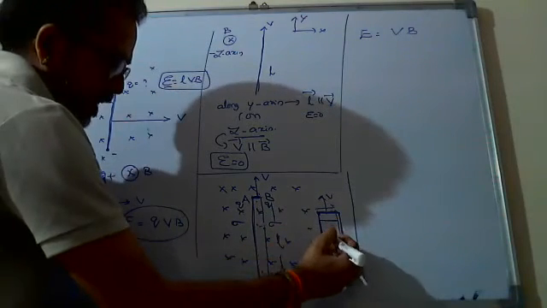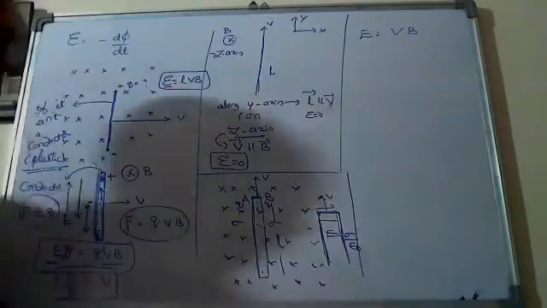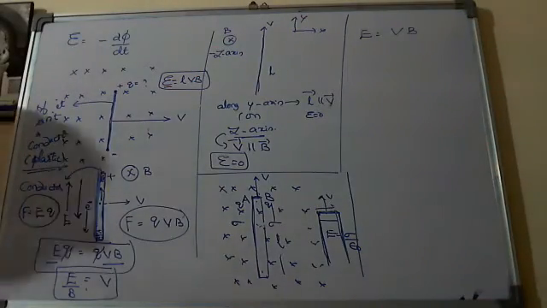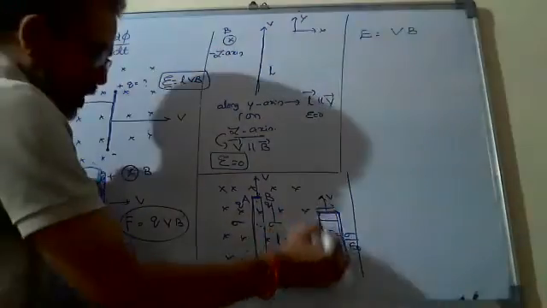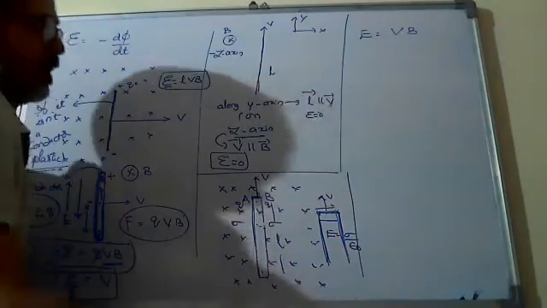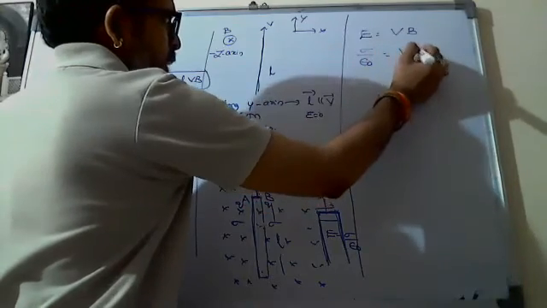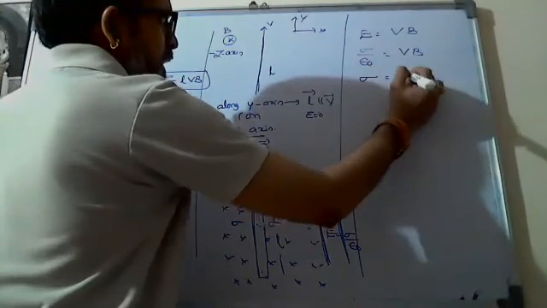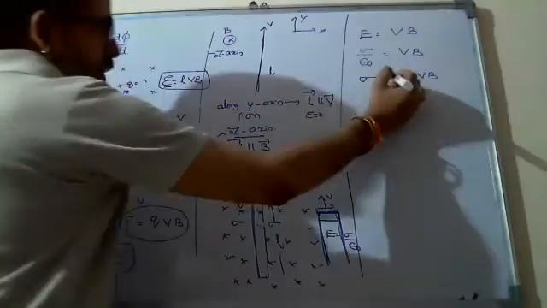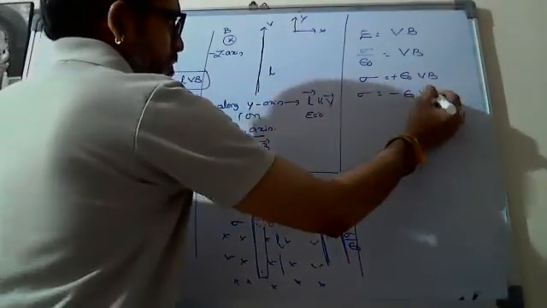In between, the electric field, as you know from the capacitors chapter, is sigma by epsilon naught. So between these two sides, the electric field will be sigma by epsilon naught. So I write sigma by epsilon naught equals VB, and you got the answer. Sigma equals epsilon naught VB on one side, which is plus. On the other side, this is minus epsilon naught VB.